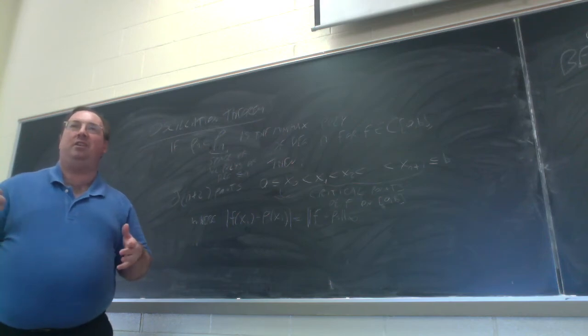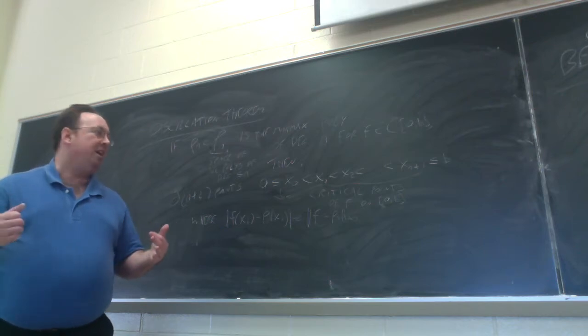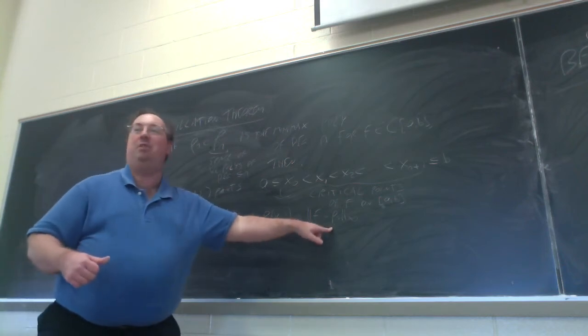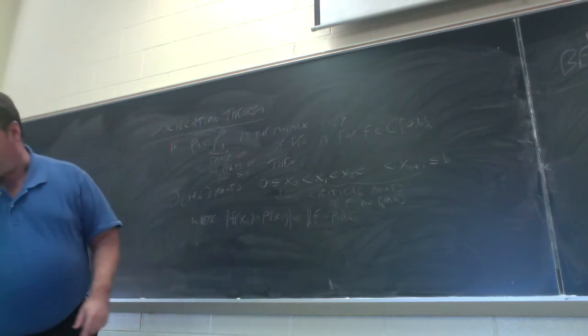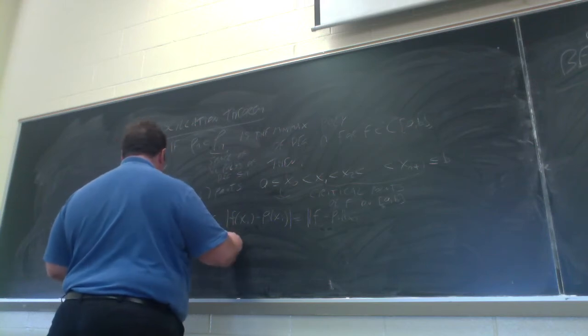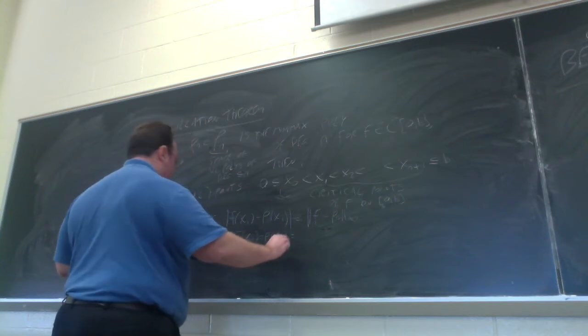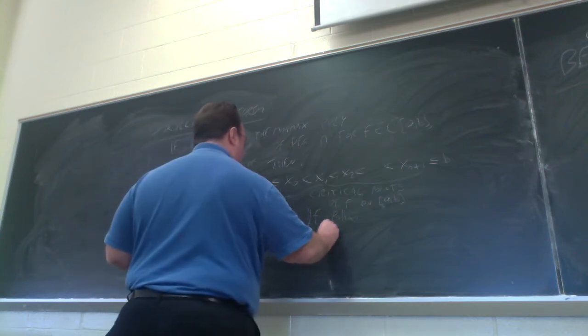You might think the error f minus Pn achieves this maximum at only one point. But no, it hits it exactly n plus 2 times. And there's more. You can say that the error at each of these points is opposite in sign.